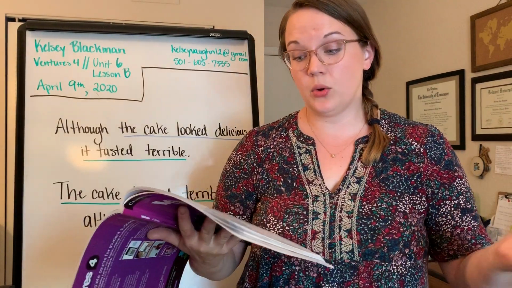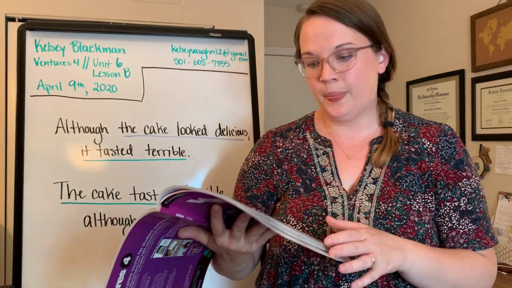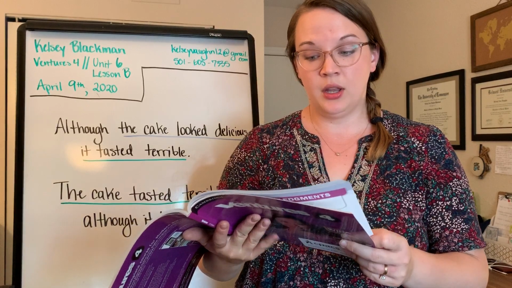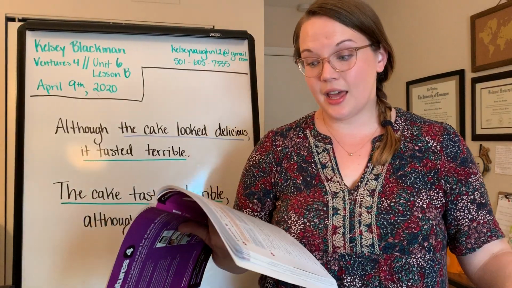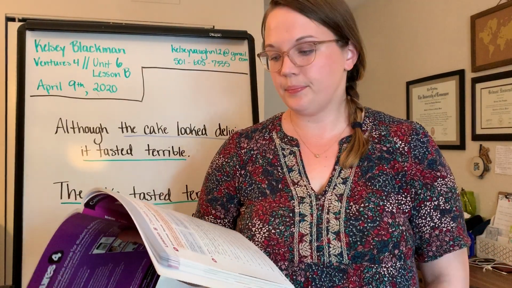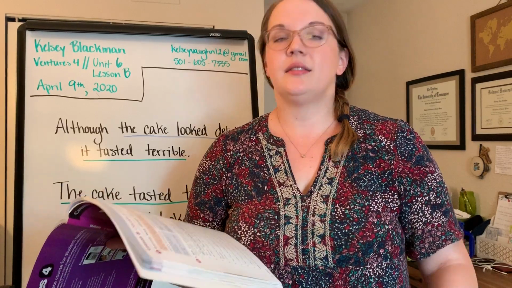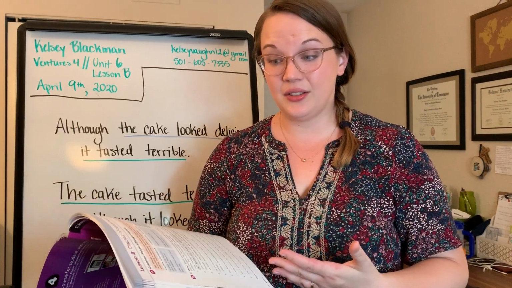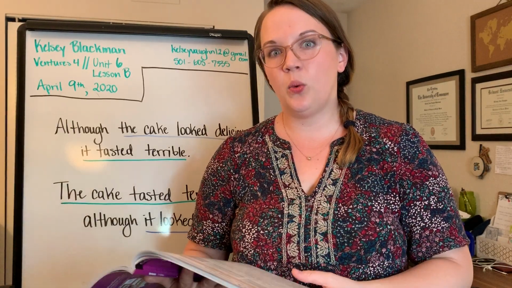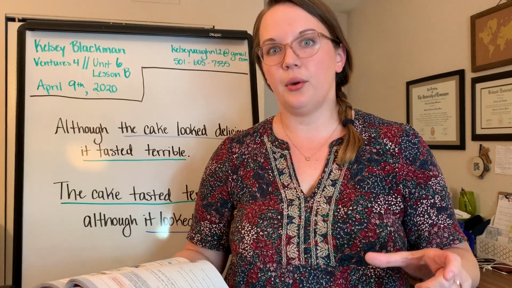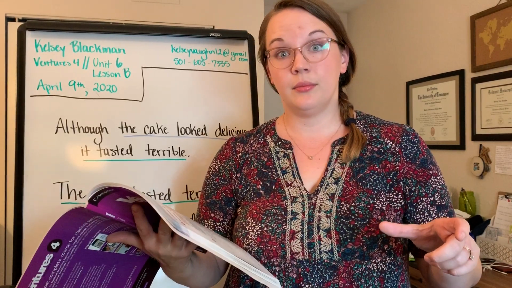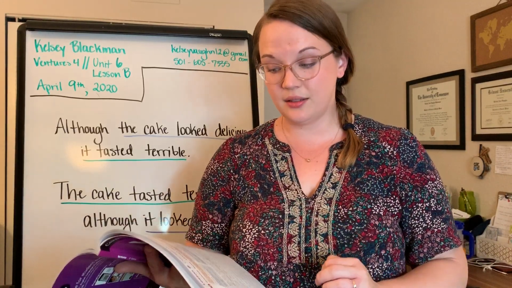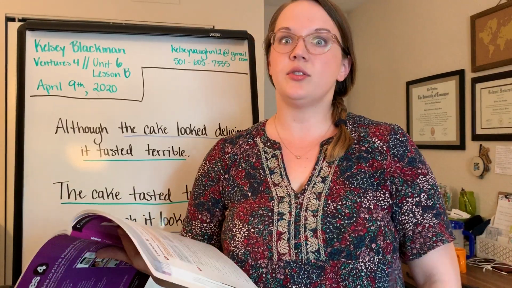We expect, or we know, we can see that Mrs. White's car has a GPS system. So the surprise is that she gets lost all the time. So it is surprising that because her car already has a GPS system, she still gets lost all the time. So which one will go with the word although? The first one. Although Mrs. White's car has a GPS system, she gets lost all the time.